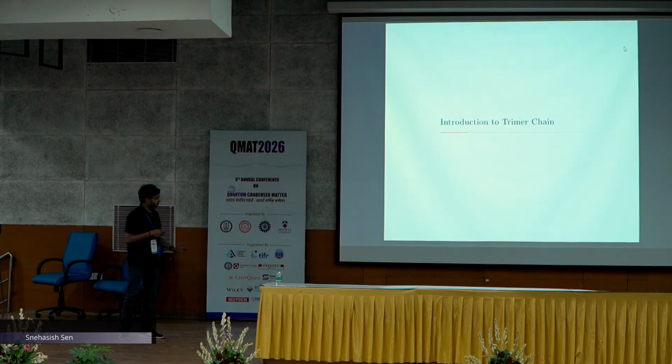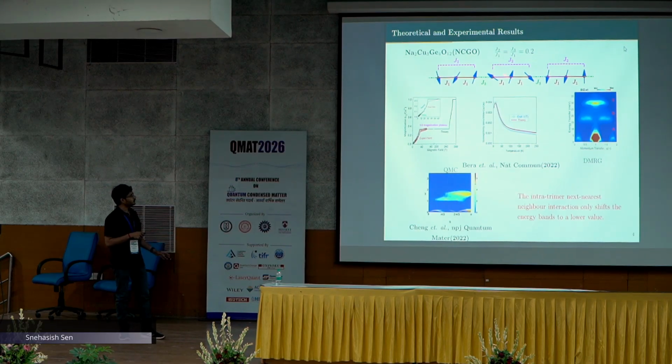Now in the trimer chain, unlike the uniform chain, the exchange interaction changes in every third bond, and also there is a second nearest neighbor interaction within a trimer unit.